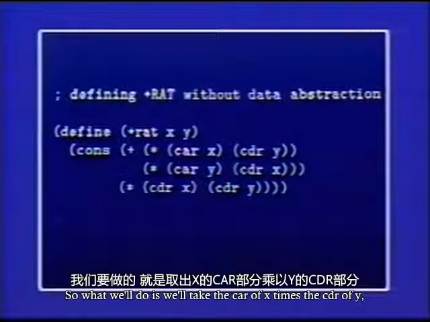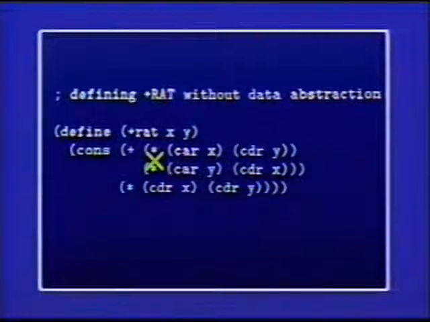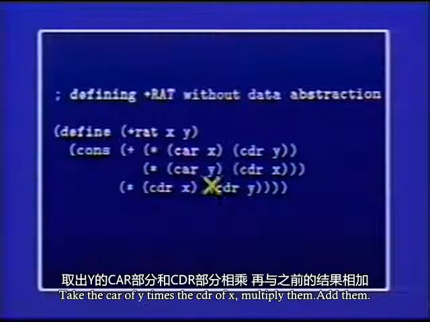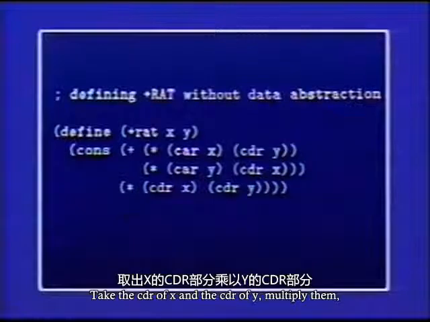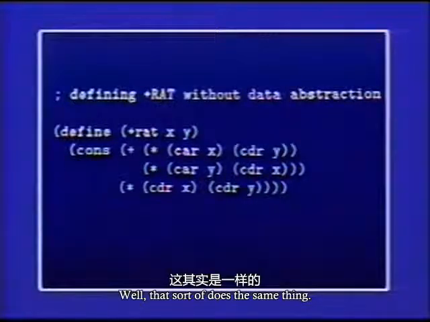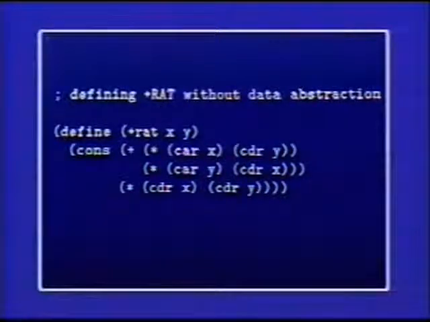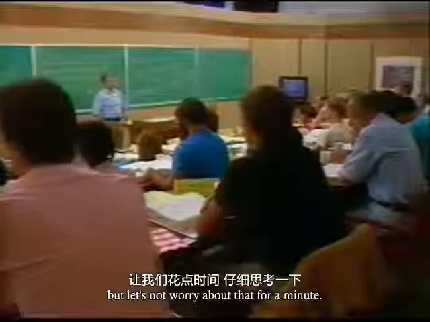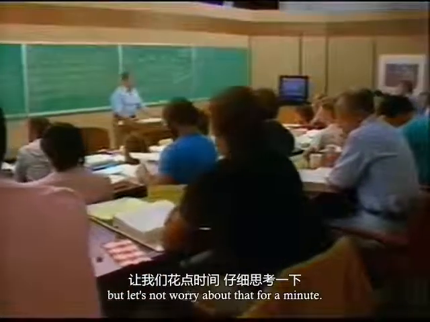So we'll take the car of x times the cdr of y, multiply them, take the car of y times the cdr of x, multiply them, add them, take the cdr of x and the cdr of y, multiply them, and then cons together. And that sort of does the same thing. But this ignores the problem of reducing things to lowest terms, but let's not worry about that for a minute.